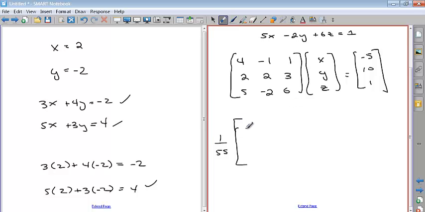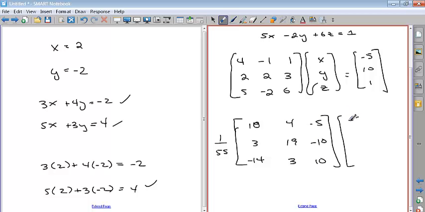Okay, so we ended up with 18, 4, 3, 19, negative 14, 3, negative 5, negative 10, positive 10. Multiply that by negative 5, 10, 1.